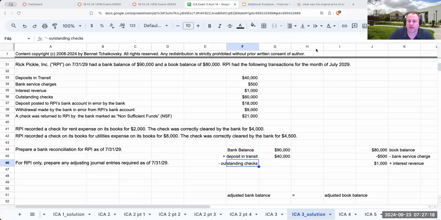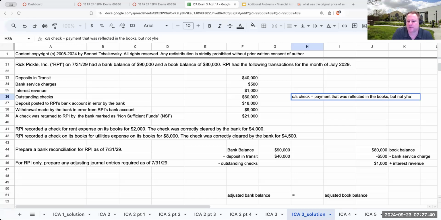It's a check that was written and reflected as a payment in the books, but not yet reflected on the bank statement.